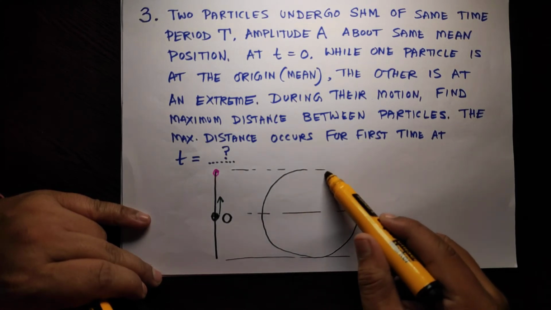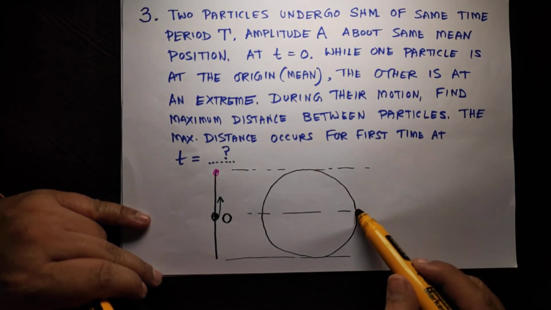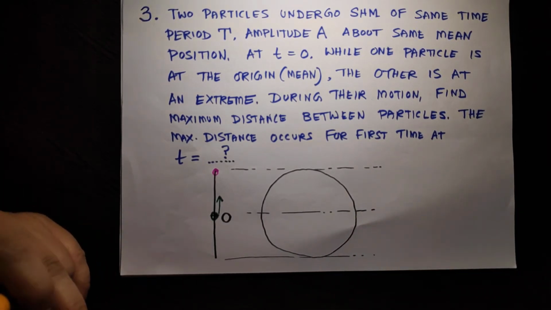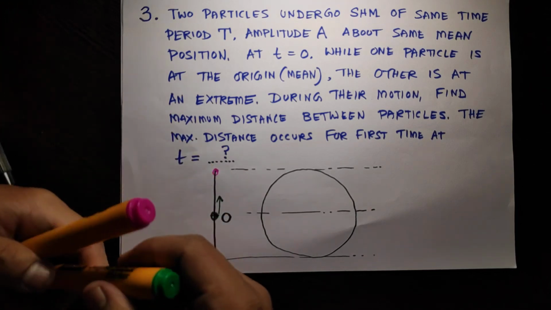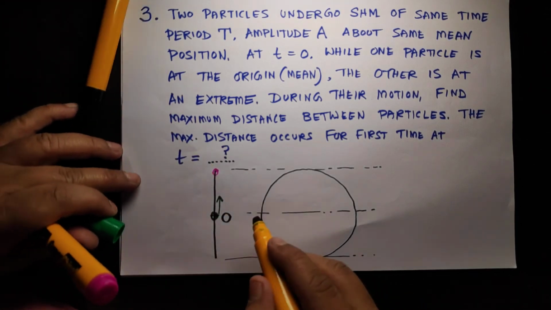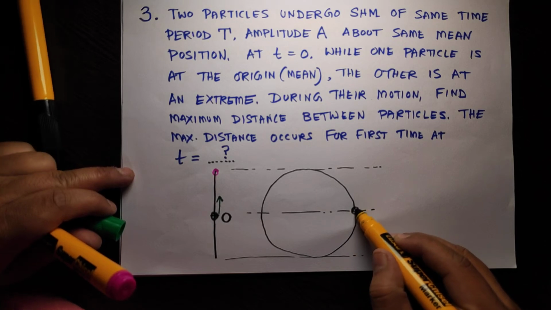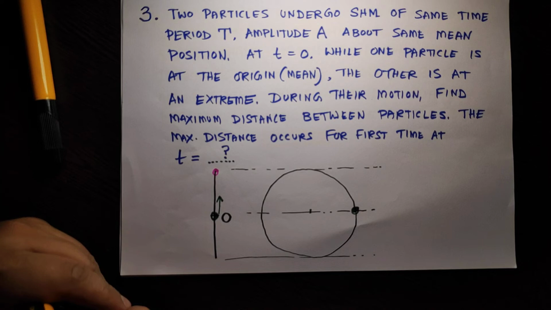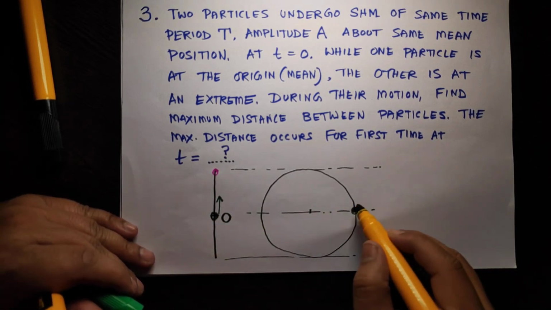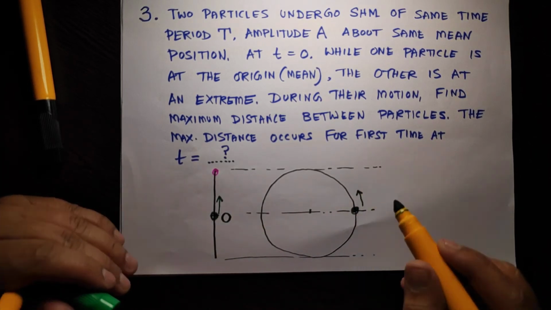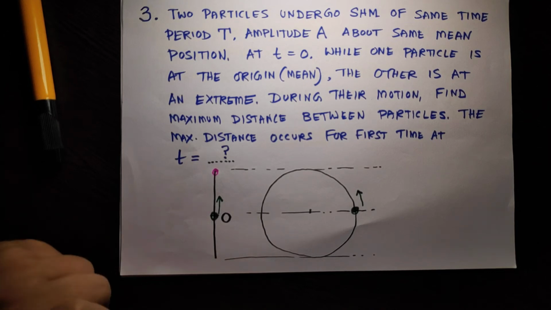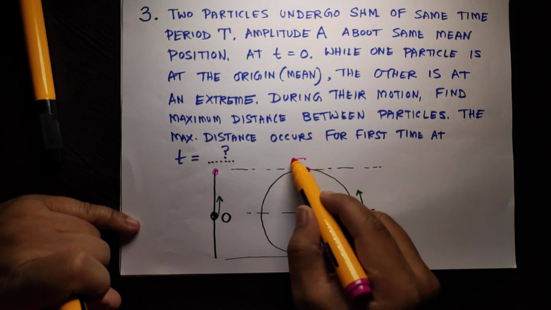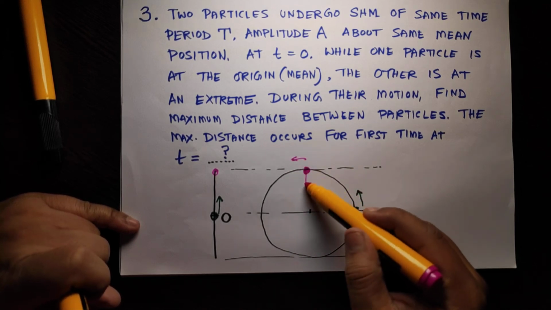As they oscillate about the same mean position, with the same amplitude and the same frequency, this green particle is the shadow of this particle going around the circle, while this red particle is moving like this.